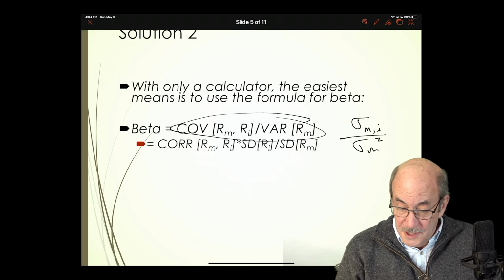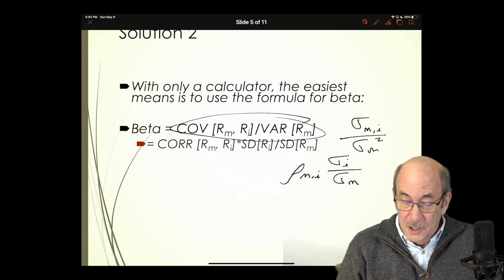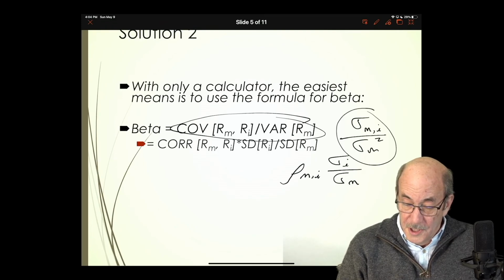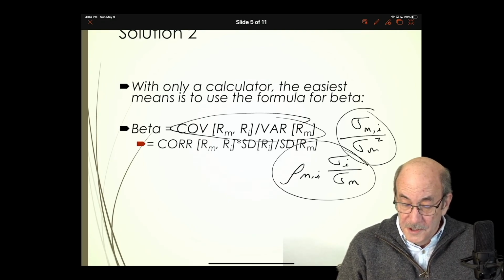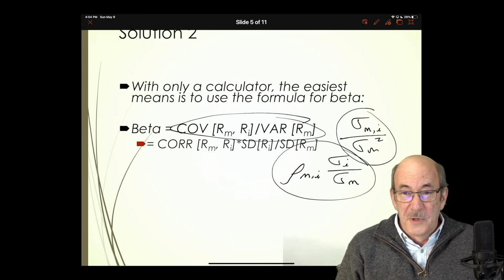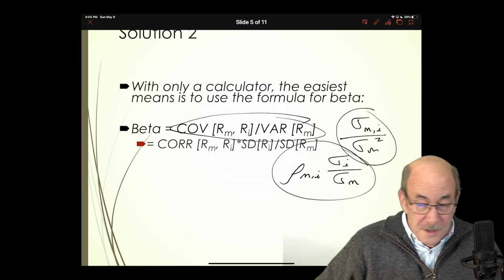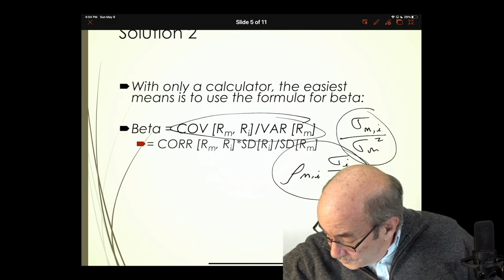That is the exact same thing as what's on the formula sheet, which is the correlation between the market and security I times the standard deviation on security I over the standard deviation on the market. So this is exactly equivalent. You can use either one of those. In fact, I'll add that to the formula sheet if that helps. Let me just make myself a note so that I can.